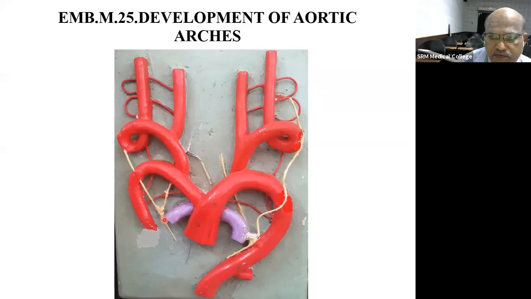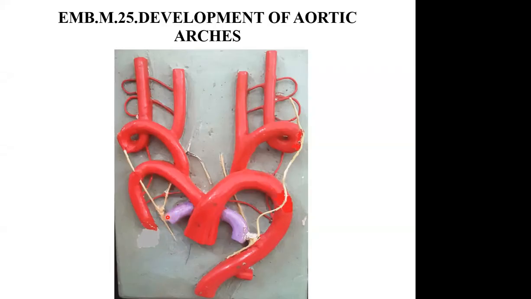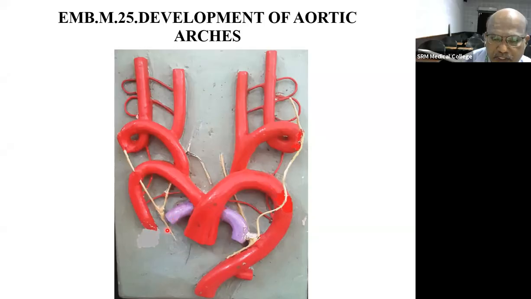As the distal or dorsal part of your sixth aortic arch disappears, the recurrent laryngeal nerve moves upwards and hooks around the right subclavian artery. On the left side, it hooks around the ductus arteriosus. Later on in adult life, it hooks around the arch of aorta at the same level.